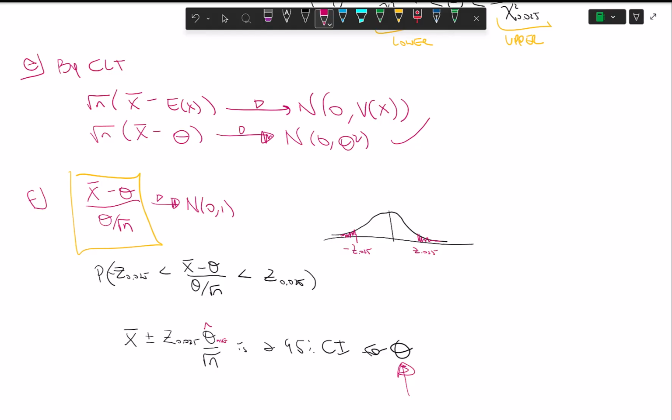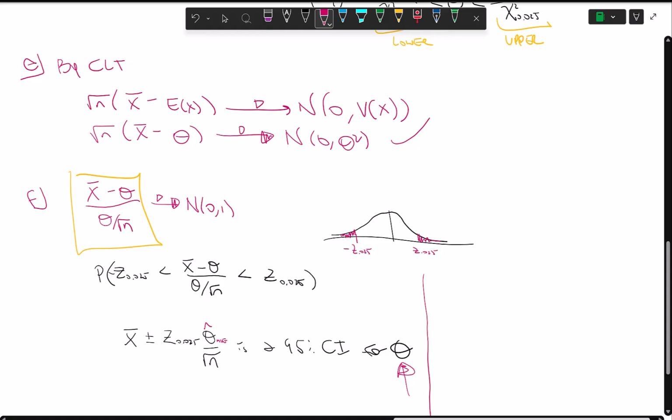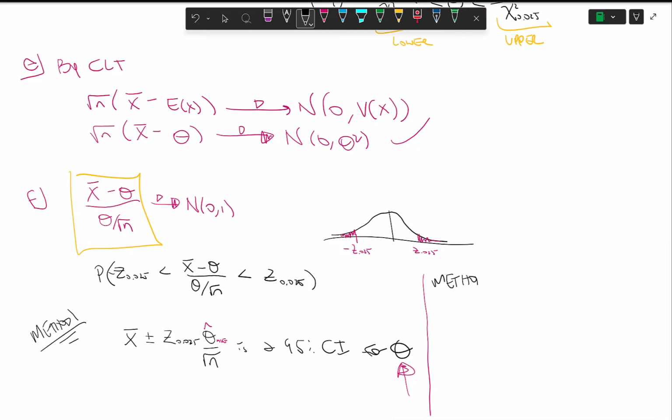Another way you could approach this problem is you could alternatively say in this expression, so this is method one, which if you can do it, just do it because it's satisfactory and it'll save you a lot of time.